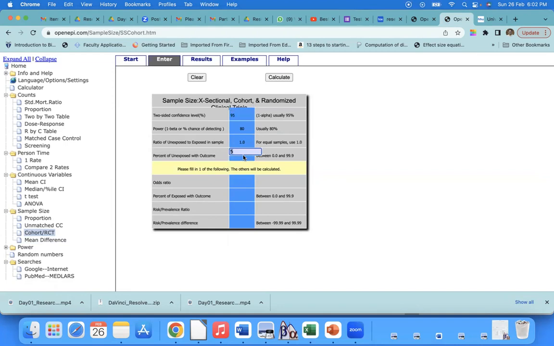But if we don't know the outcome, and you cannot get it from a previous study, say for a new drug, like when COVID vaccines were prepared and we want to know the efficacy of Corbevax, then what to put in that case?